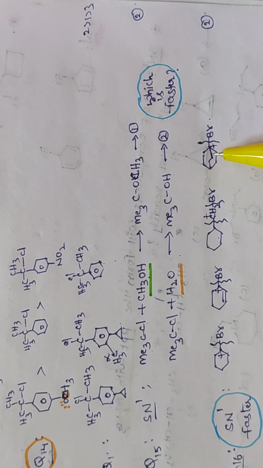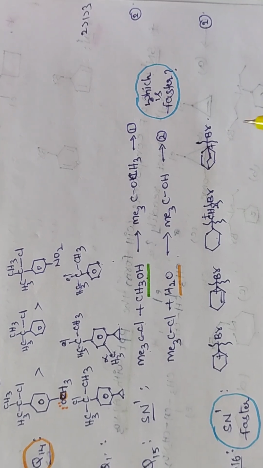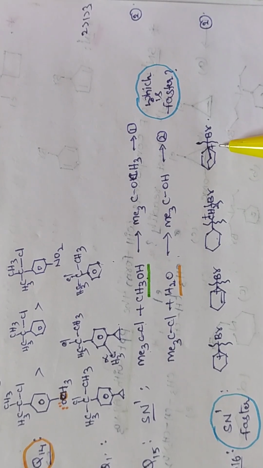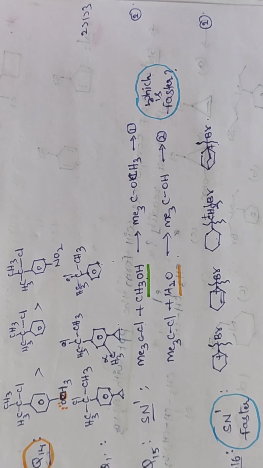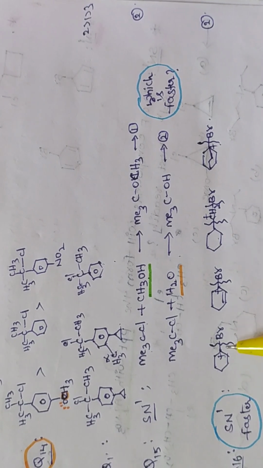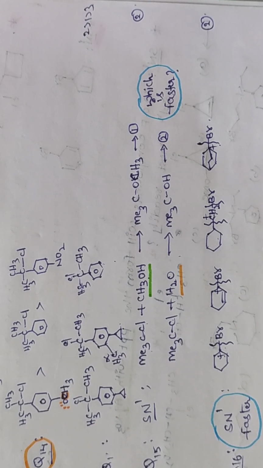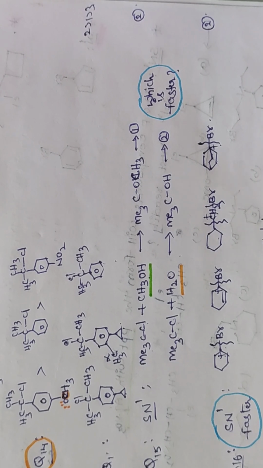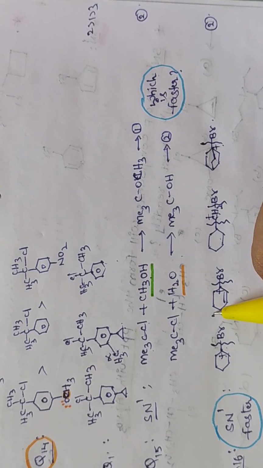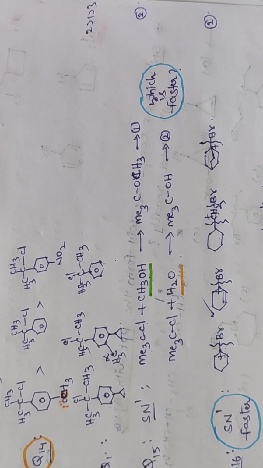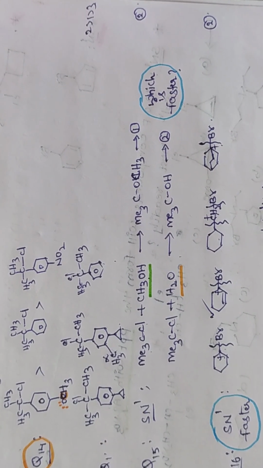This is what? A bridgehead carbocation is formed. That is highly unstable. Now, alkyl, 2 degree alkyl, 1 degree alkyl, 2 degree allyl. Sir, we know allyl is more stable than alkyl. So therefore it is undergoing a faster SN1 reaction when compared to the other cases.